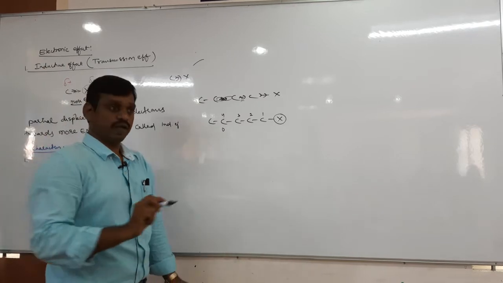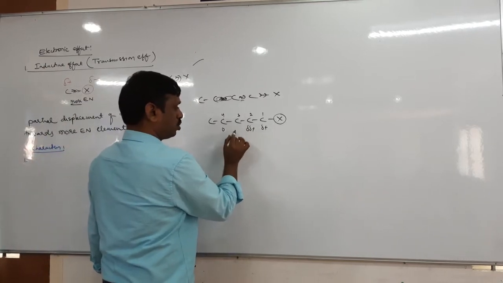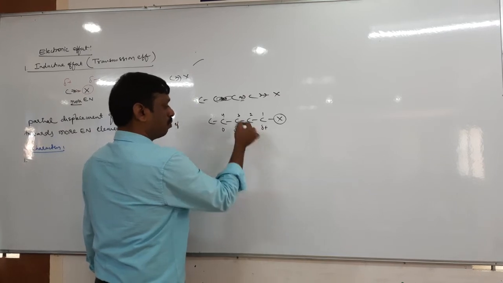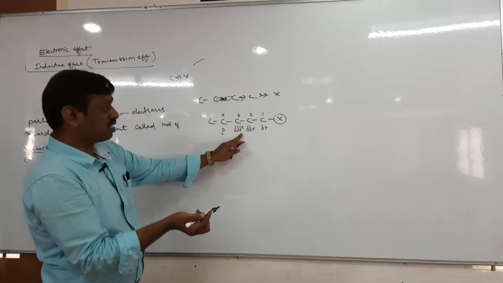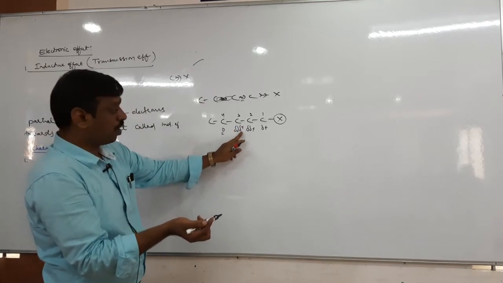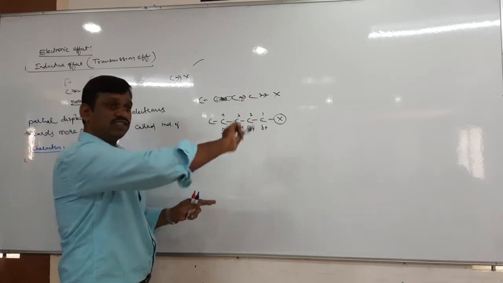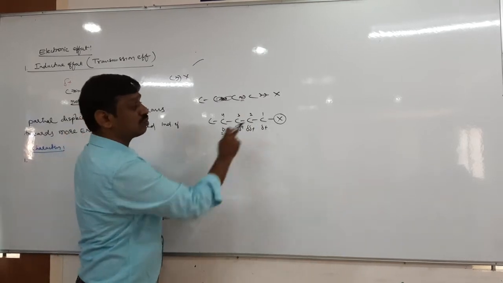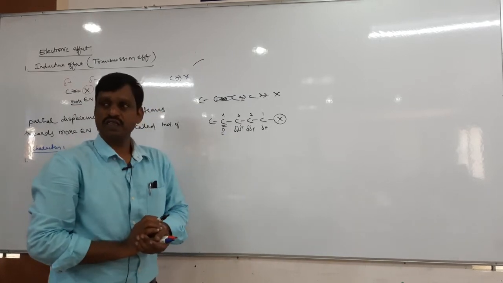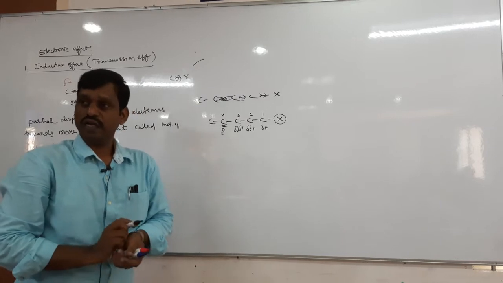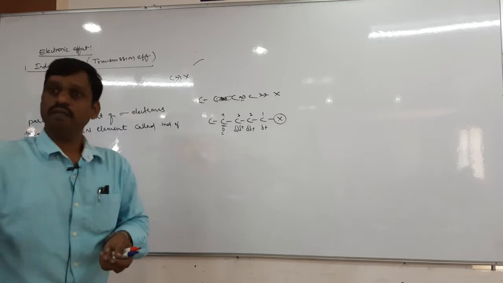On the first carbon it is partial positive, on the second it is less, and on the third it is very, very less. Don't think the partial charge increases; it is less here, more there. So on the fourth it becomes 0. These are some important characteristics of inductive effect. Inductive effect is further classified into 2 types, plus I and minus I.